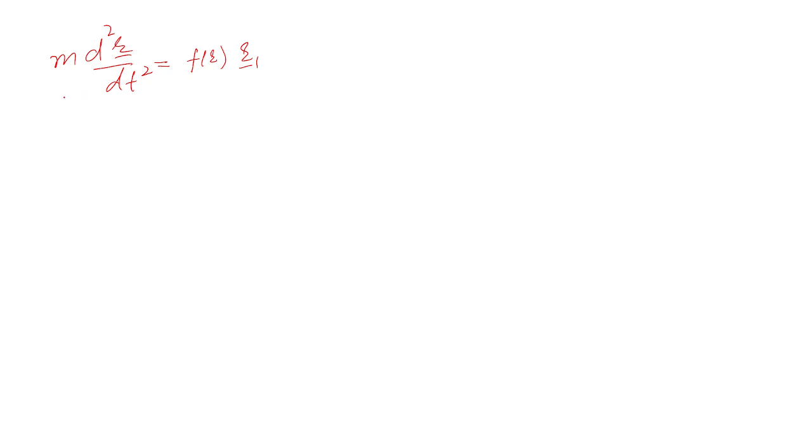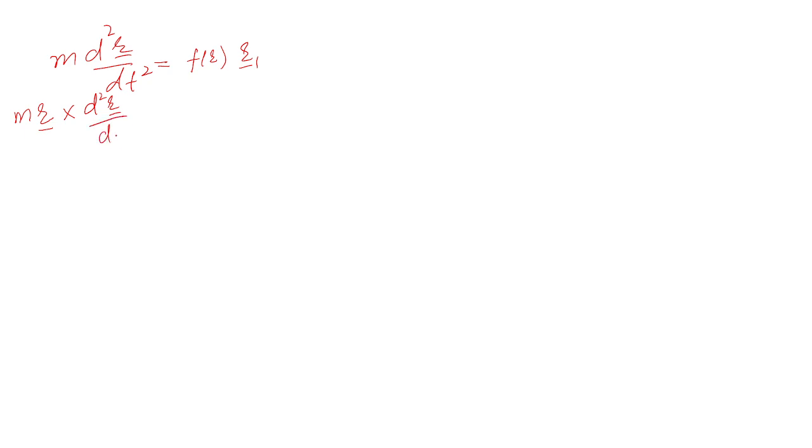So if I multiply this equation by r, taking the cross product, and this m is constant, so I take it out of the cross.